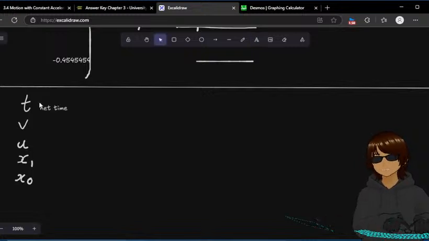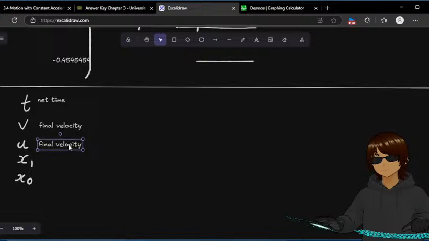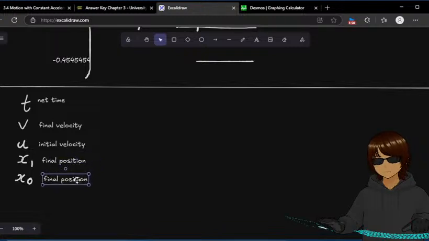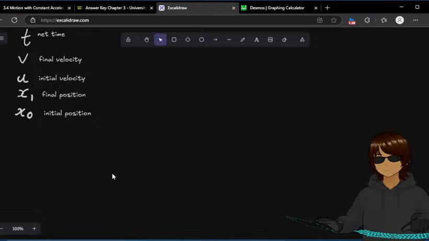Net time, final velocity, initial velocity, final position, initial position, and then acceleration, constant acceleration.